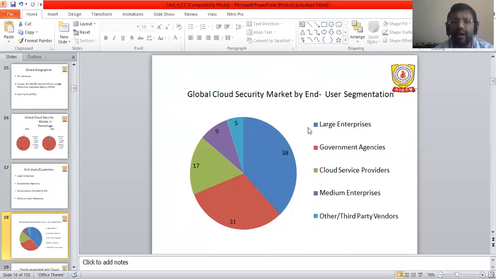The first is large enterprises at 38, government agencies around 31, cloud service providers 17, medium enterprises 9, and other third party vendors 5. So this proportion in the wagon wheel represents the segmentation of the global cloud security market by end users and customers.